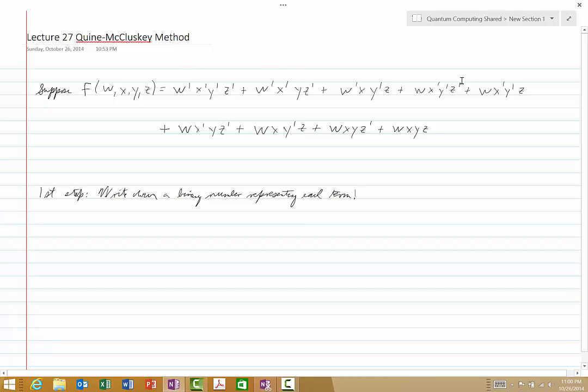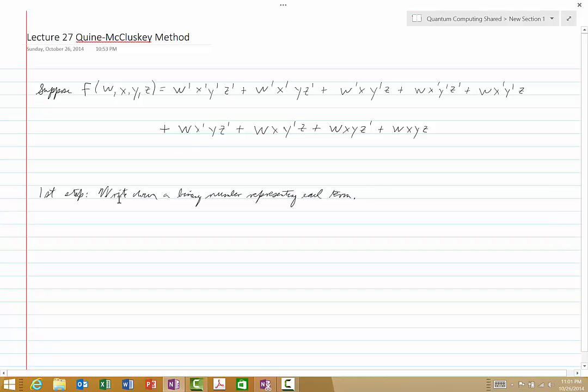This expression that we have is called a min-term realization of the function. Each one of these is called a min-term, again, because each one of the variables is present in it. For instance, if the first term was x prime y prime z prime instead of w prime x prime y prime z prime, that would not be a min-term. A min-term has to have all of the variables present.